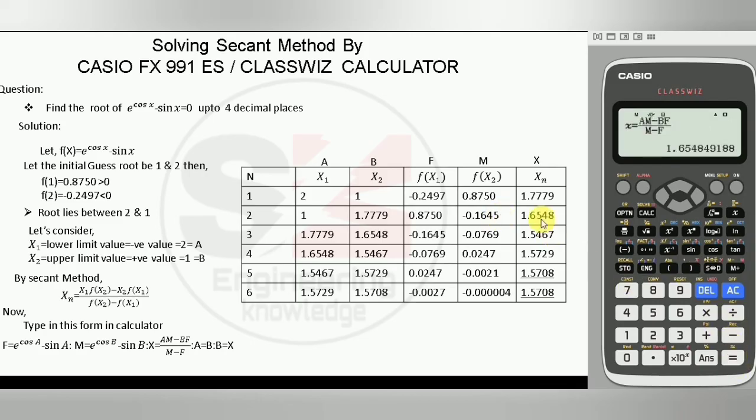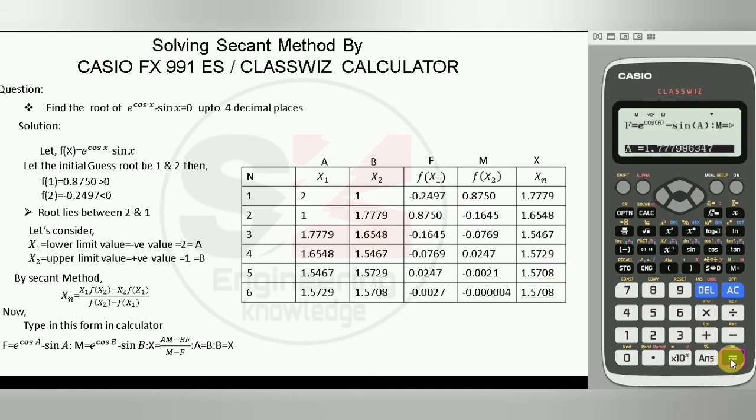In this way we get the value of this. Then after this, simply interchange the value of a, that is b will be in this, and in the b column the value will be this value. Then simply press the equal to button. Then b will be this.